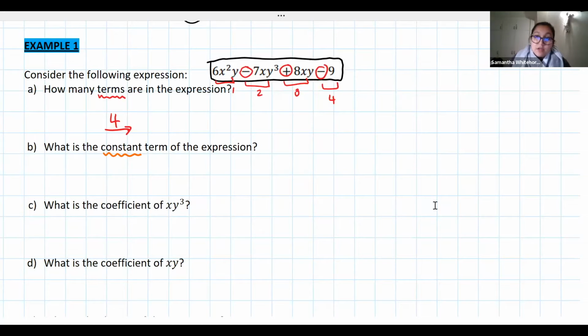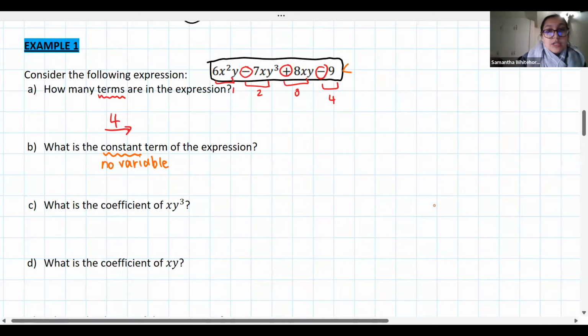Right, the majority is saying -9. I think we can all agree that 9 has to feature somewhere. Remember, your constant term is the term without a variable. So we go to our expression, and there's our term without the variable.